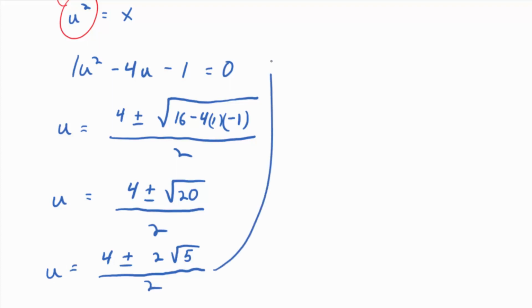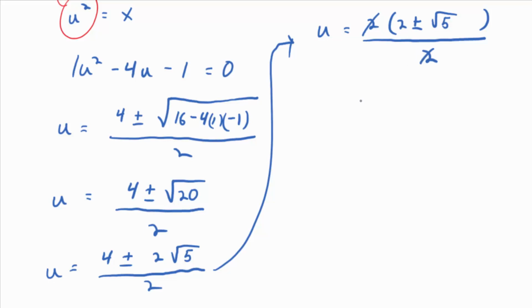So that means I can factor a 2 out of the numerator and be left with 2 plus or minus just the root 5. Does everybody see what I did there? Factoring a 2 out of the numerator. And I did that so that I can divide 2 by 2 and get 1 and just be left with two answers: u equals 2 minus root 5, or u equals 2 plus root 5.